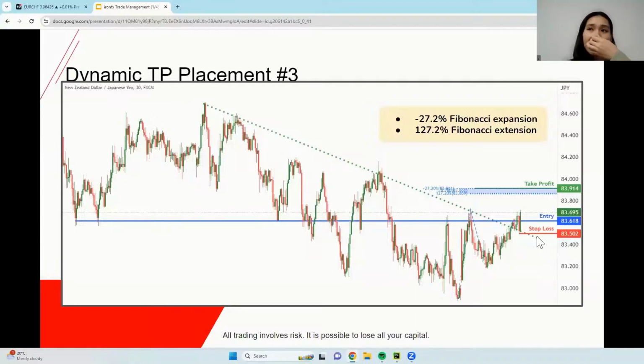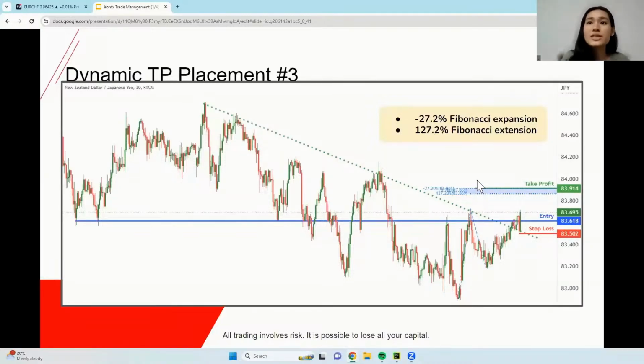So here we have our entry level as an overlap resistance, and our stop loss is just at this swing low here. You can see our take profit is in line with a 127.2% Fibonacci extension. I think it's also in line with a 78.6% Fibonacci projection.